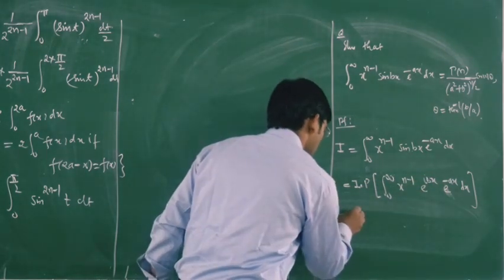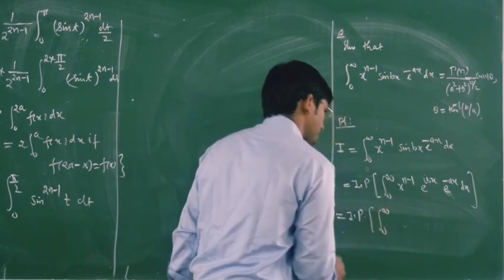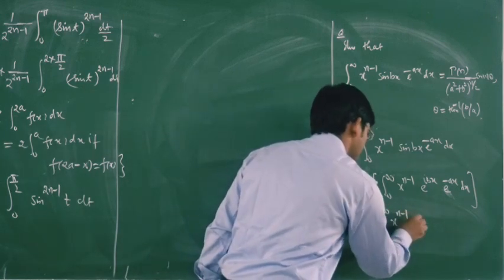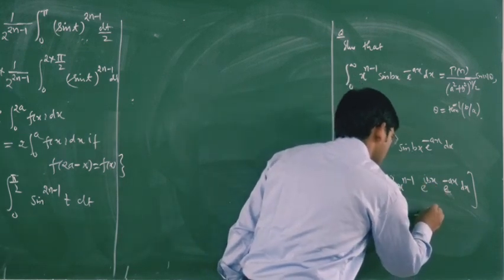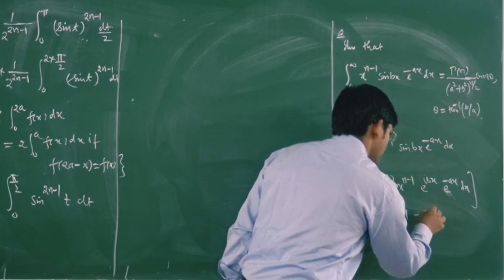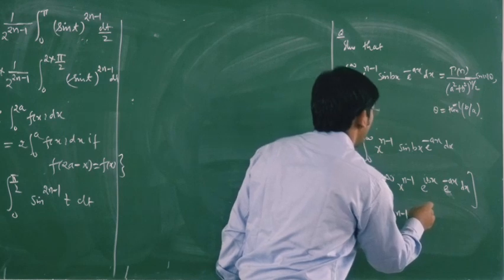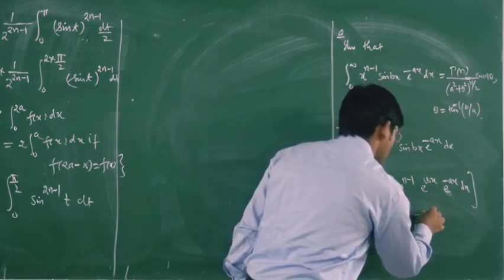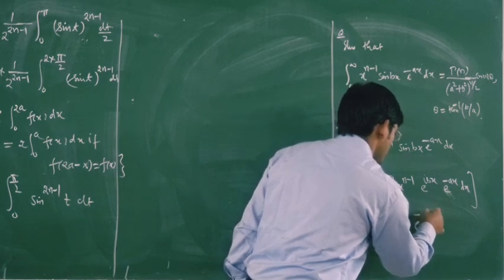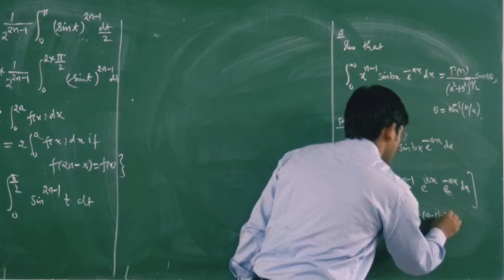So this is equal to the imaginary part of the integral 0 to infinity x power n minus 1. Now if you take the minus sign common, then we will have a minus ib, so this is a minus ib into x dx.